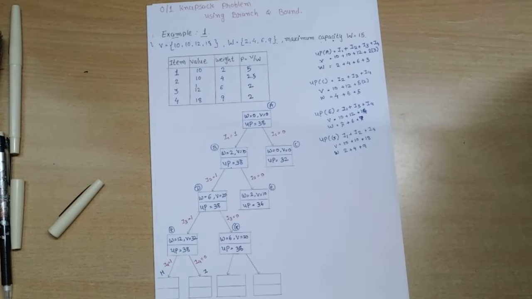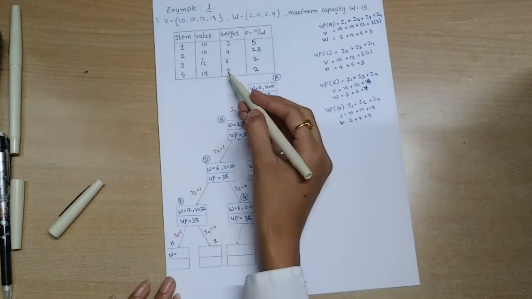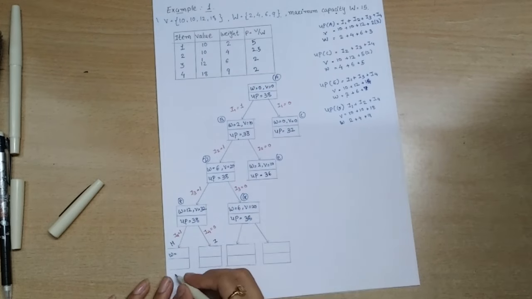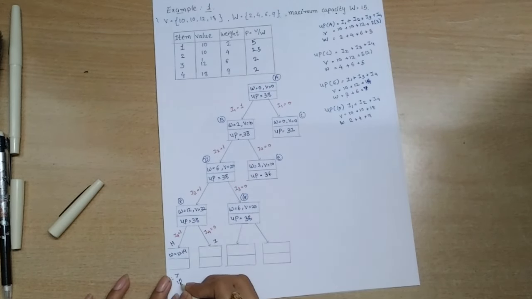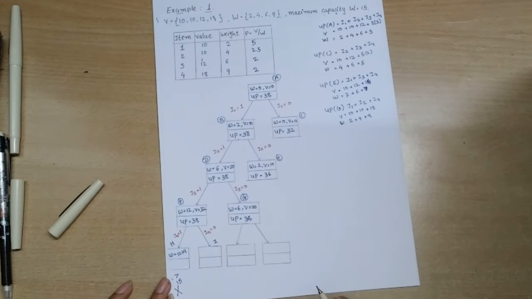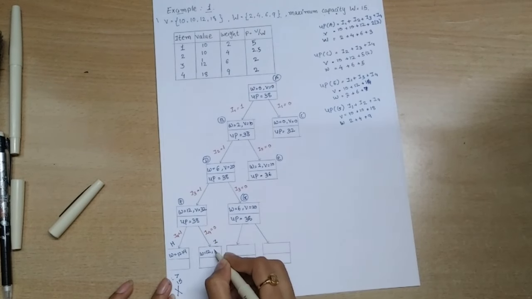If we consider item 4, then the weight will be 12 plus 9, which will be greater than 15. So we cannot consider item 4. Now let's not consider item 4. So the weight will be 12 and the value will be 32.